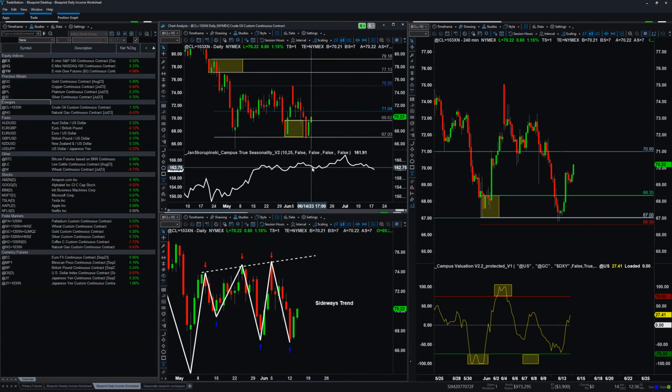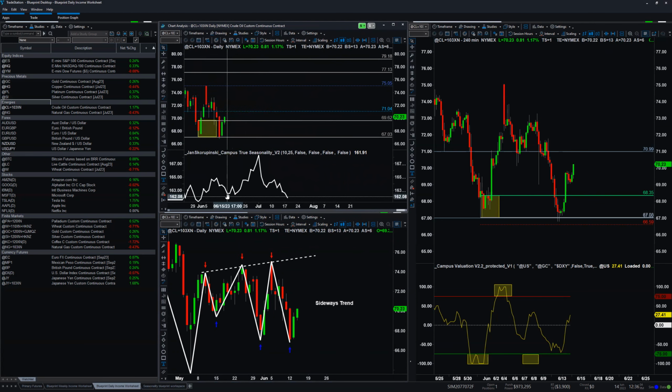And in terms of the true seasonals, we said the true seasonals are maybe a little bit sideways. And then from the 20th all the way into July, we should have a very bullish seasonality, and that's all starting potentially slightly early here. So the seasonality is very favorable, we said.